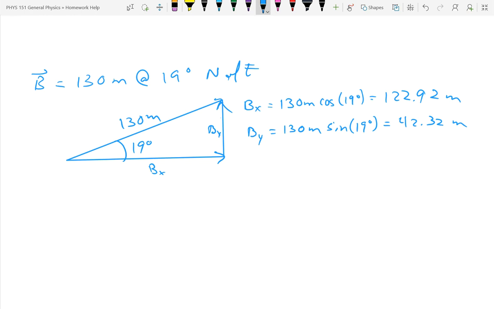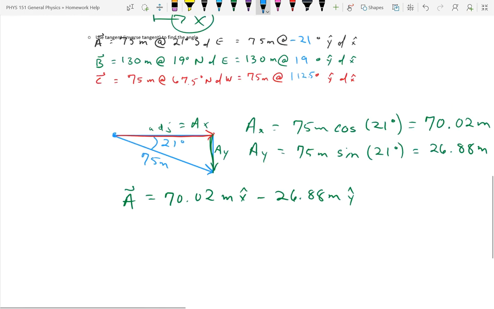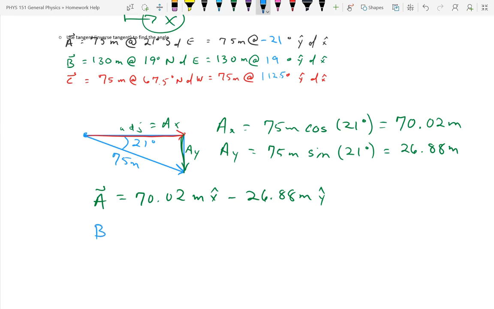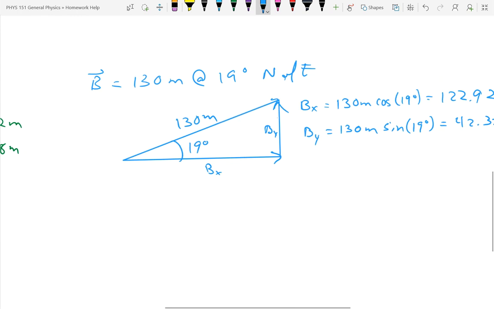Positive. Is my Y going to be positive or negative? Okay. So that means my B vector is equal to 122.92 meters X hat plus 42.32 meters Y hat.